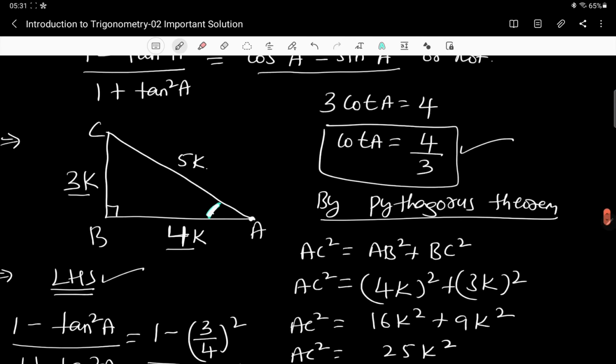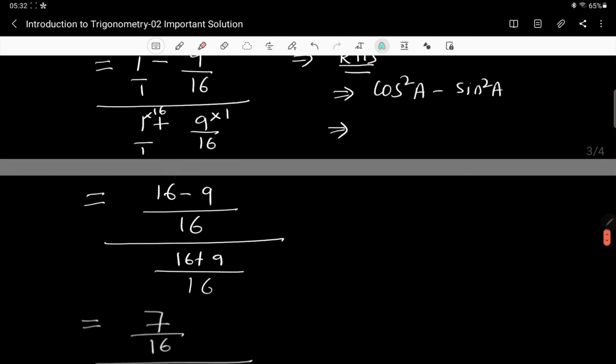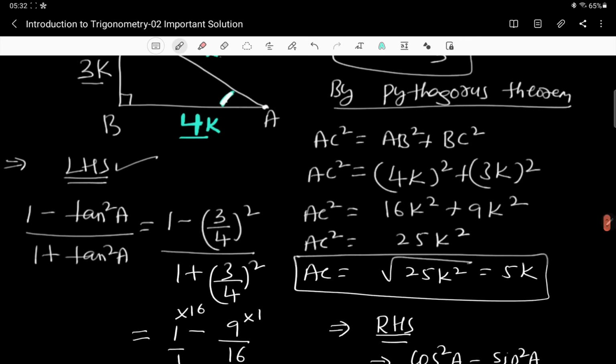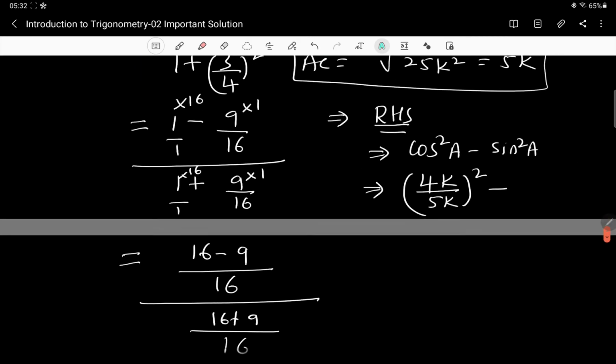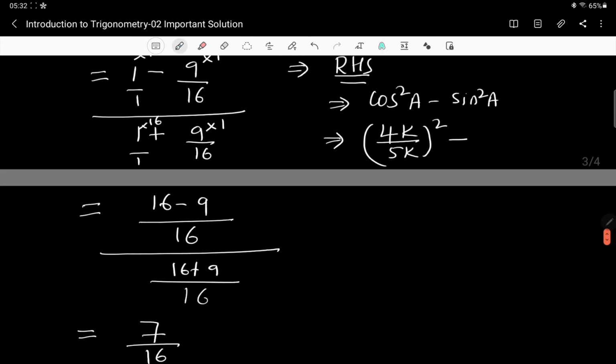Cos A means how much it will be? Cos A is adjacent divided by hypotenuse, no? That is 4k divided by 5k whole square. So let me write that. So cos A is 4k divided by 5k whole square, minus, what is sin A? Sin A is opposite divided by hypotenuse, no? 3k divided by 5k, so it becomes 3k divided by 5k whole square.